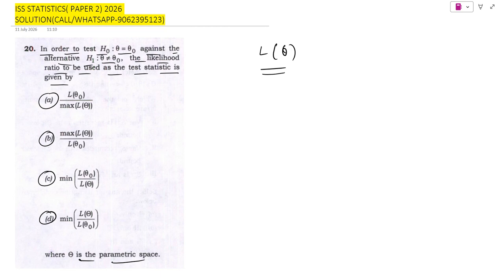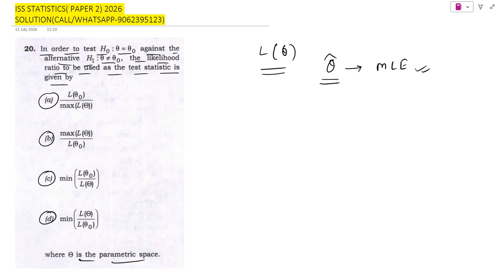This is the fundamental philosophy of the likelihood. So whenever you hear likelihood, immediately think: which value of theta explains the observed data best? That value is called theta hat, which is the maximum likelihood estimator, MLE.